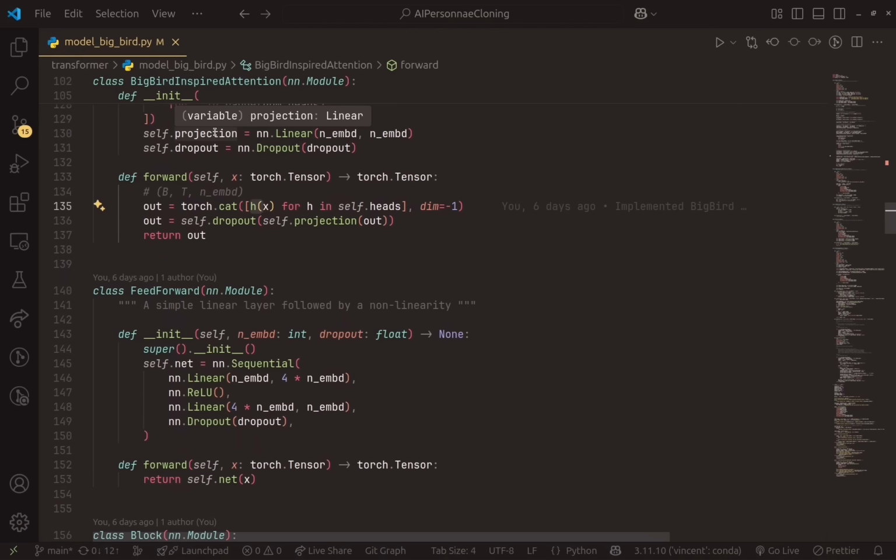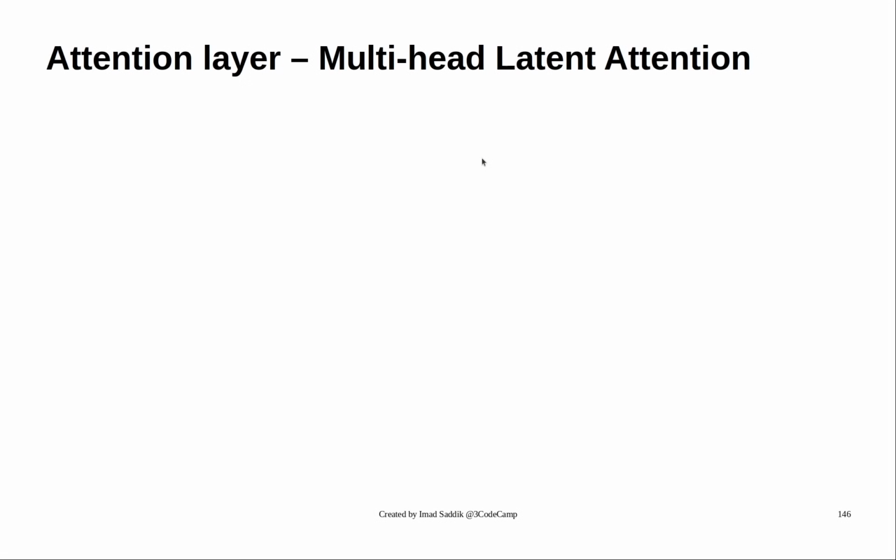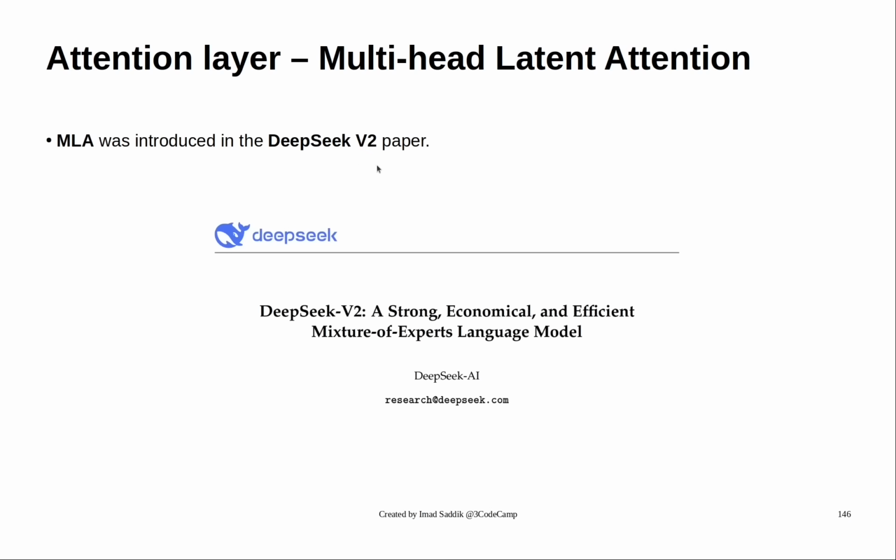We are near the end of this video. We have one last attention method to look at, which is multi-head latent attention. So let's go back to the slides in order to understand how that one works. This is the final attention that we are going to look at. It is called multi-head latent attention, and it was introduced in the DeepSeek V2 paper.